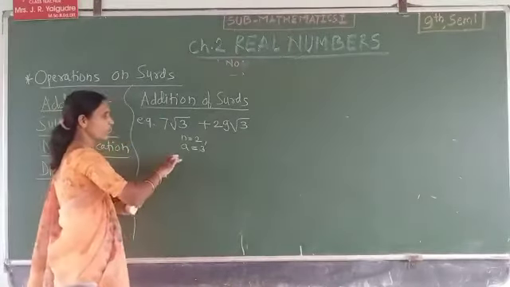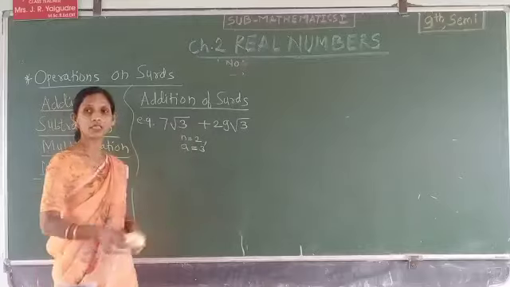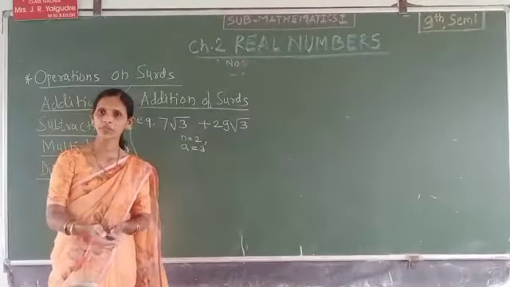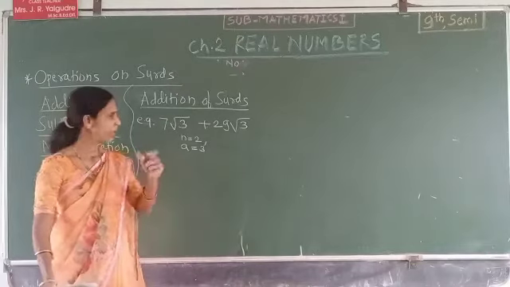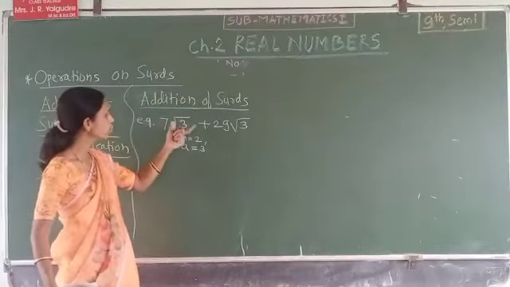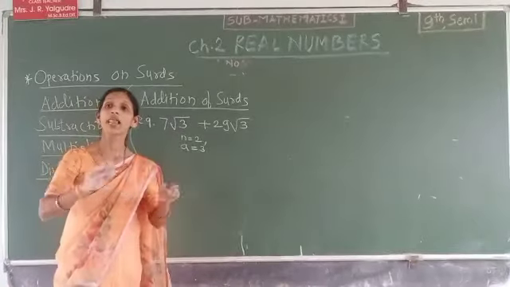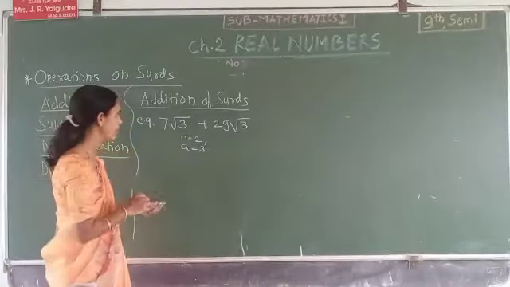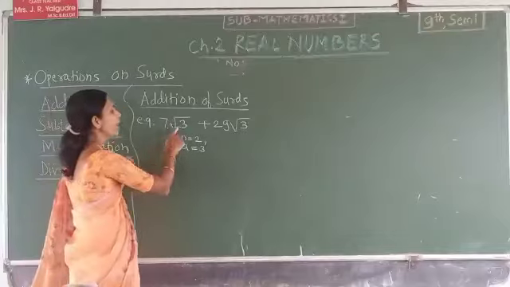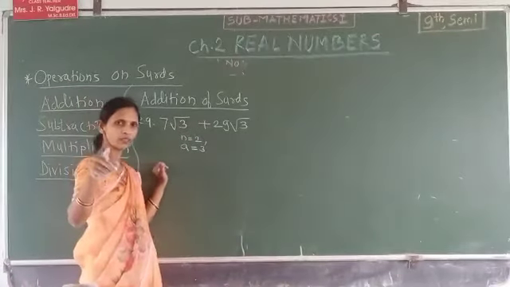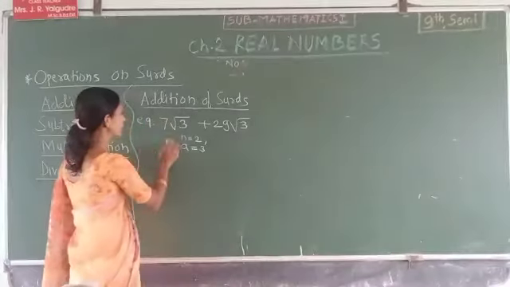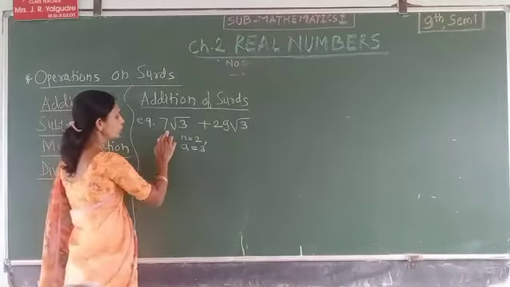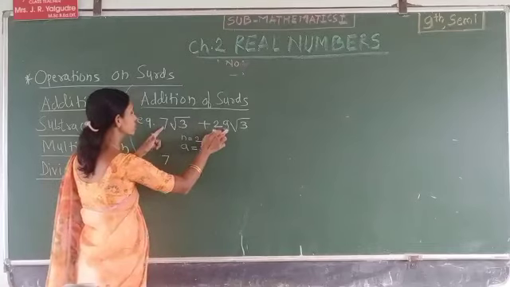Therefore, first of all, if those surds are given in mixed form, then we have to convert them into simplest form, and we have to convert them into like surds. Then we can do the addition or subtraction between similar surds only. Then how to do the addition of those surds?